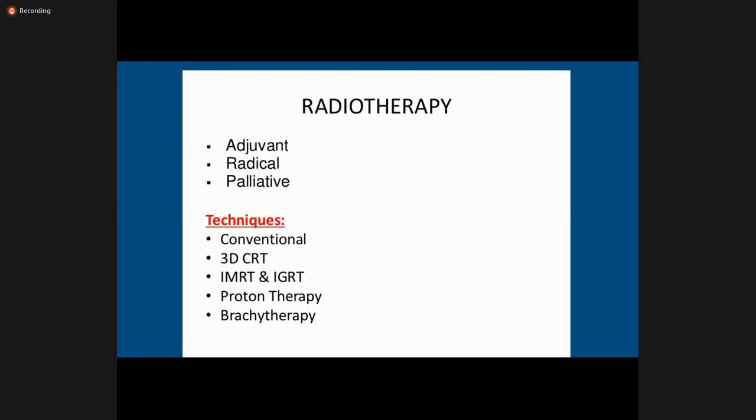If somebody is not fit enough to go for this big surgery, then we can go for the radiotherapy. Radiotherapy can be done with different techniques like conventional 3D CRT, IMRT, proton therapy, brachytherapy.